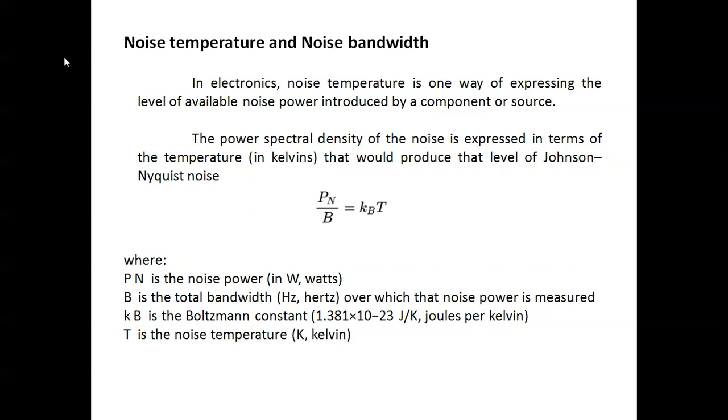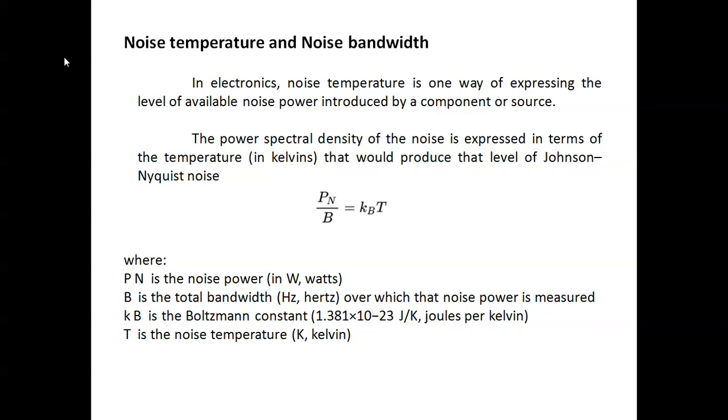Pn is the noise power, the unit is watt, and B is the total bandwidth in which the noise is measured, and Kb is the Boltzmann constant, 1.381 times 10 to the power of minus 23 joules per Kelvin, and T is the noise temperature.